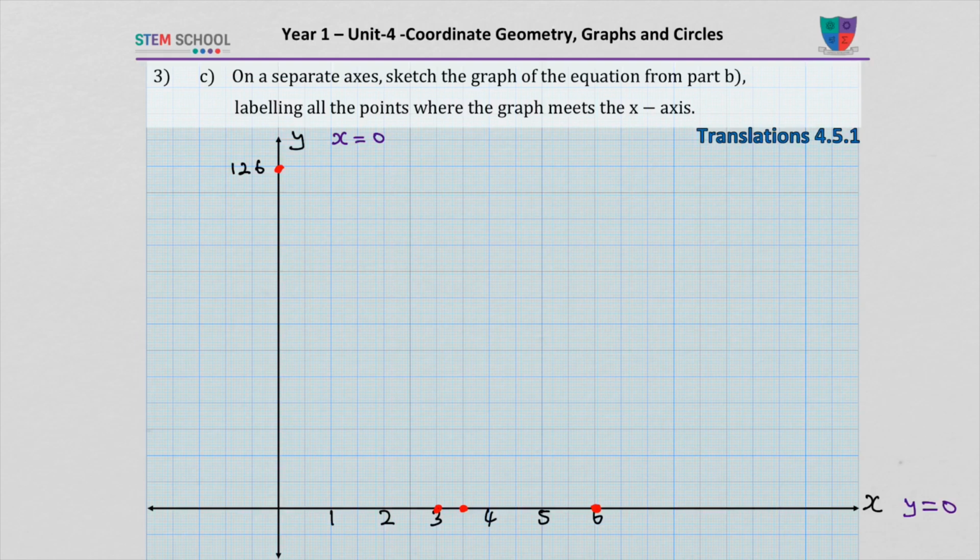So to sketch the graph, it will be coming from the y. And that's how you sketch the graph.